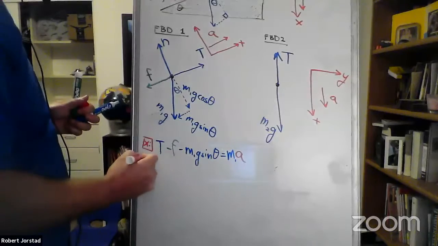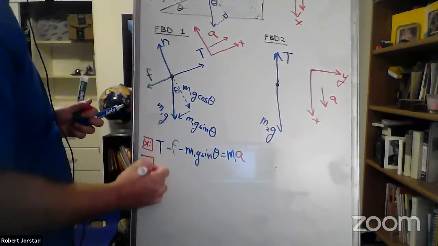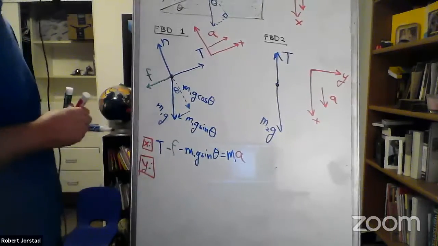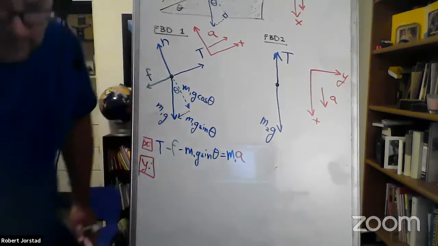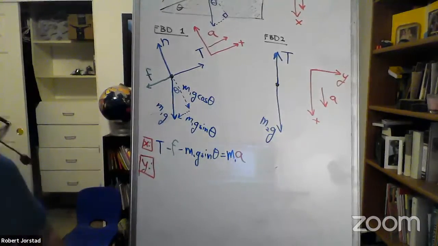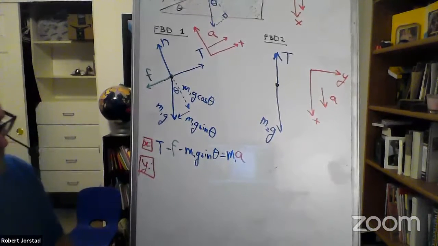All right, somebody else? Let's do the Y equation for that same block. What do you think? We got N minus M1G cosine theta.